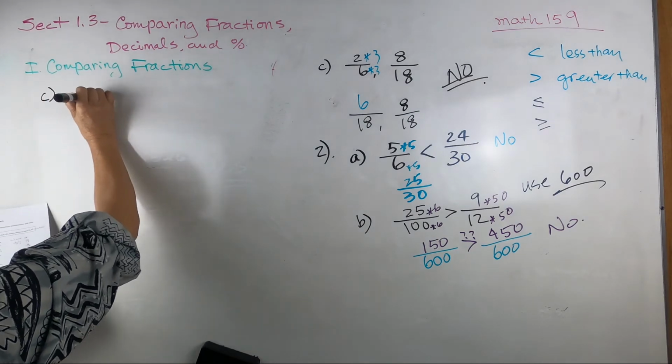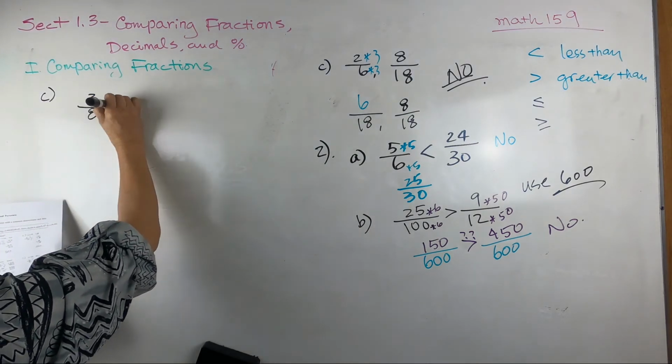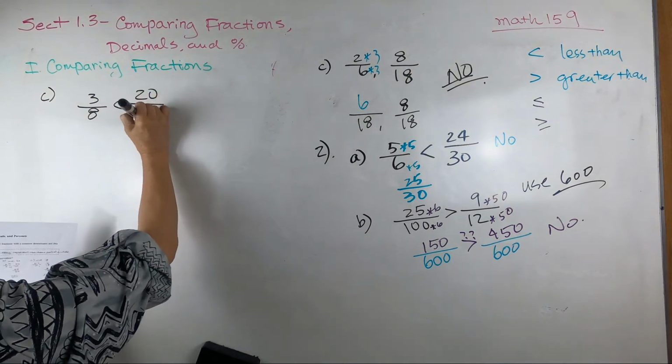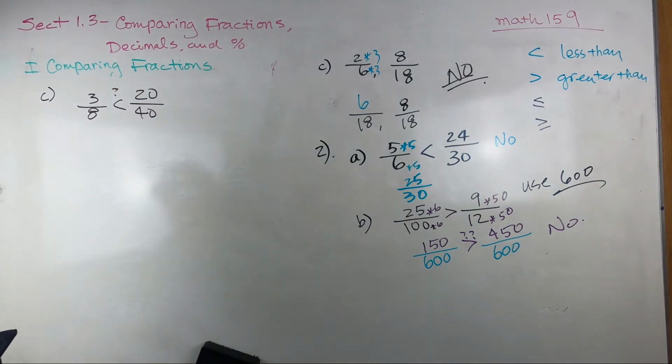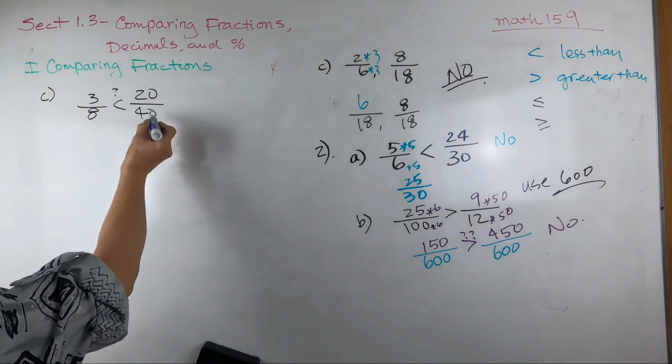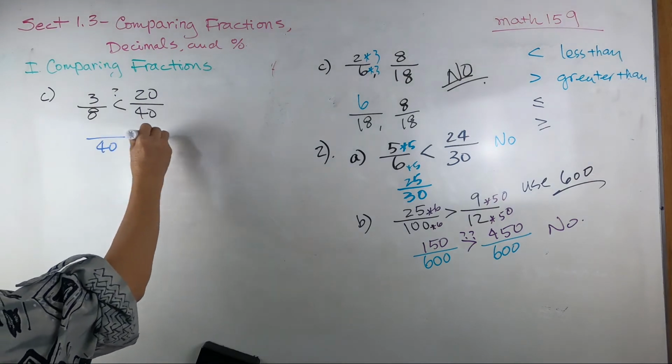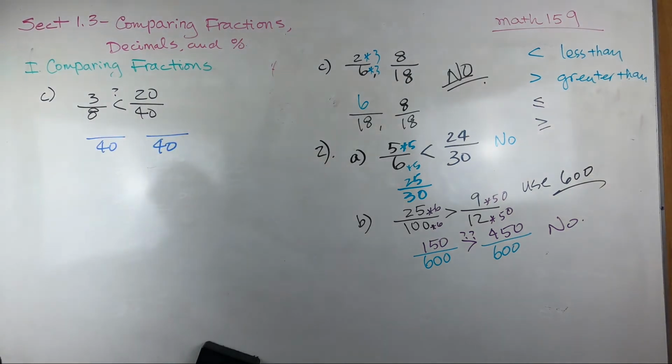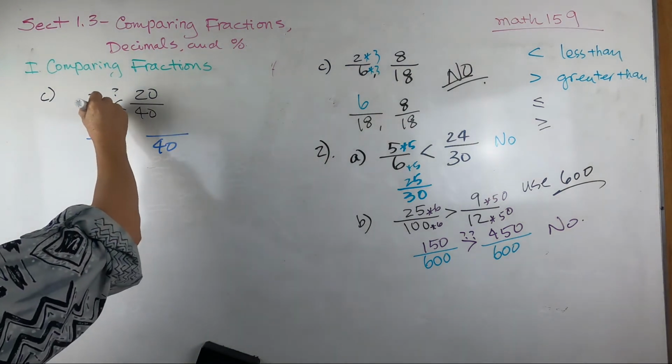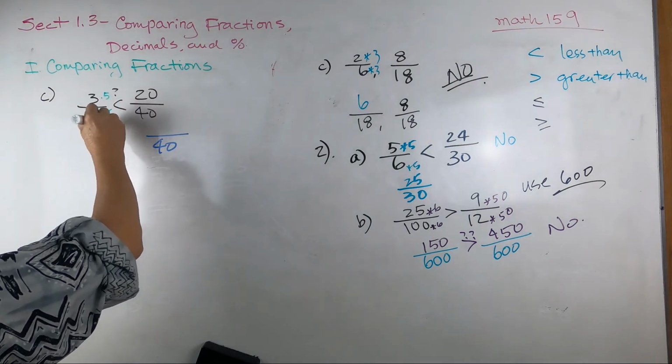If you look at the next one, 3/8, is that less than 20/40? What do you think? If you use the same denominator, which one should you use? 8 can go into 40, so you will use 40 for both, right? Then for 8 to become 40, you have to times 5, that would be 15.